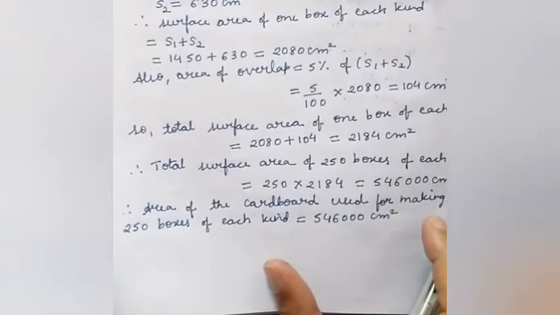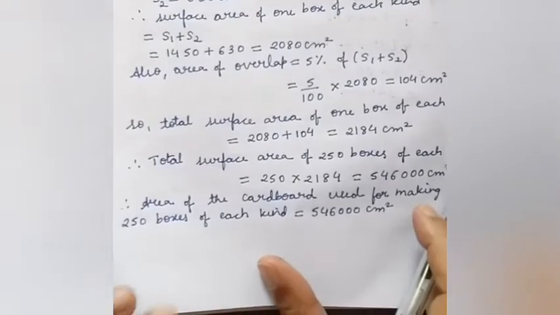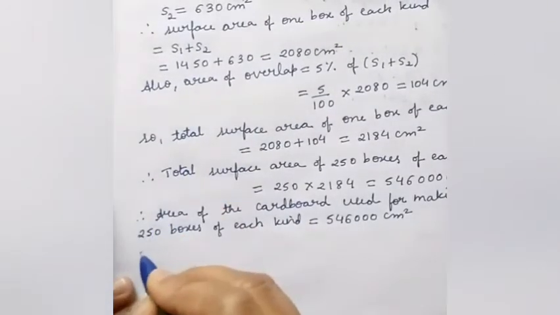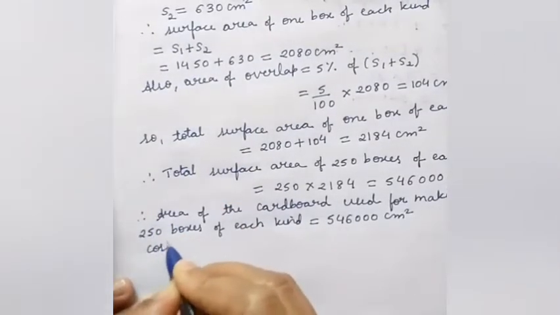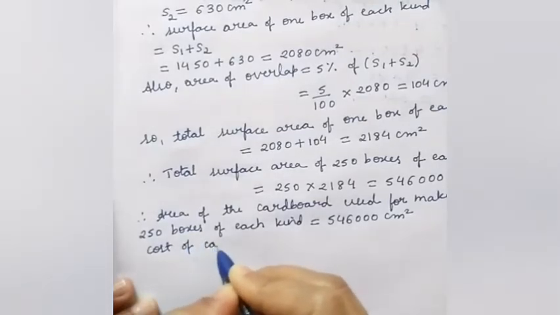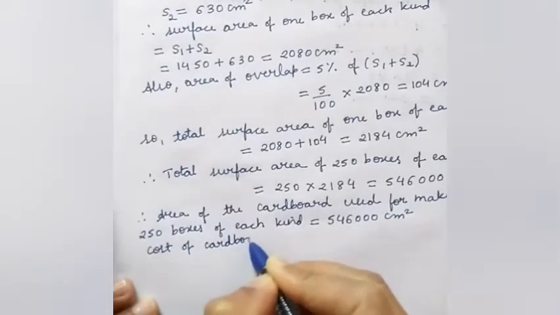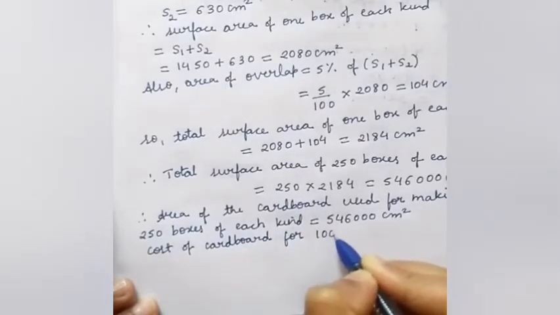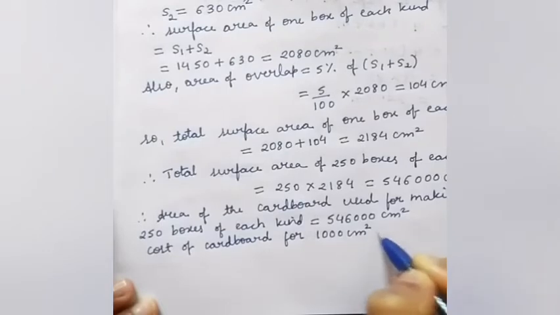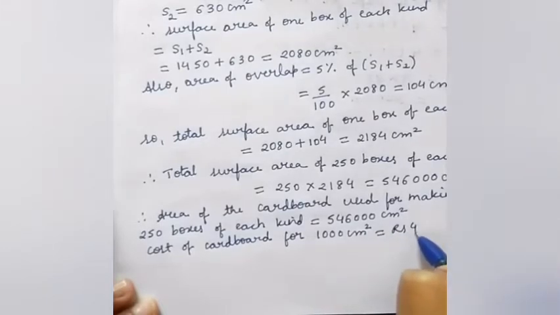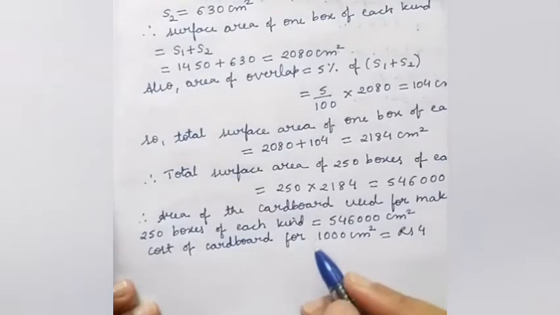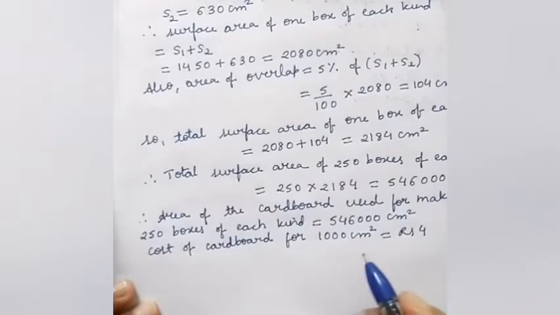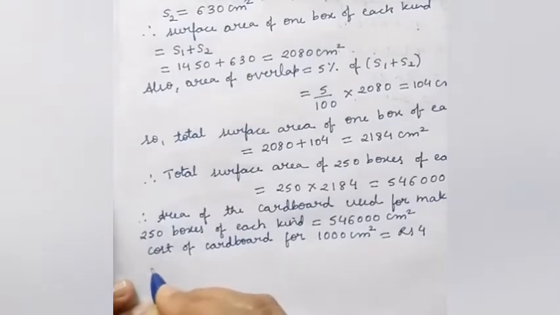Now talking about the cost, it is said that cost of cardboard for 1000 centimeter square is equal to rupees 4. So the cost for 1 centimeter square will be equal to 4 divided by 1000.